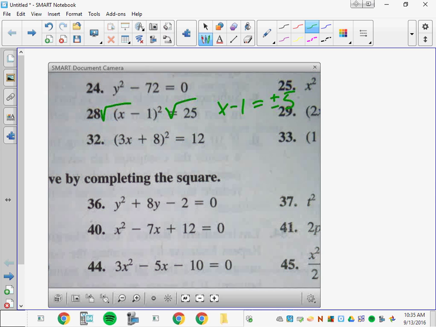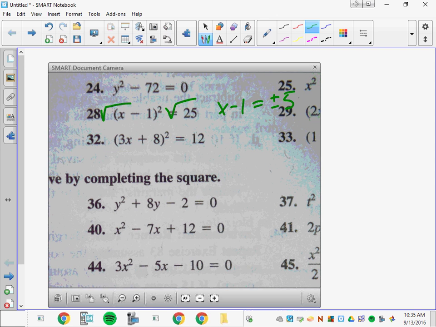Now what? Add 1. We're doing 28. Add 1. Now, it's really common for people to say plus or minus 6. Is that true? No. It is 5 plus 1, which is 6, and then negative 5 plus 1, which is negative 4.